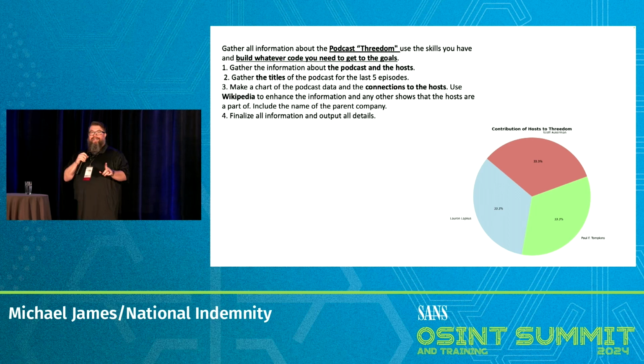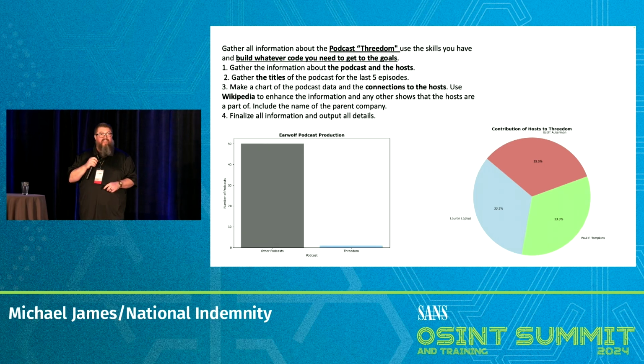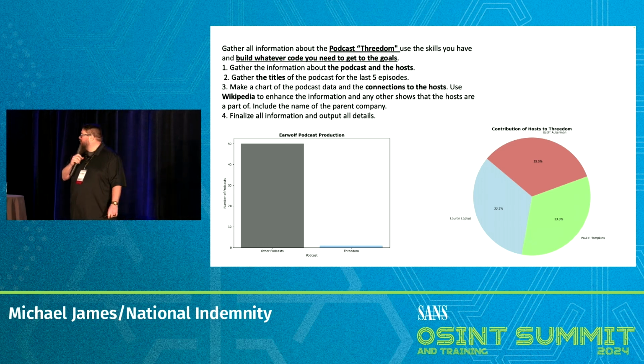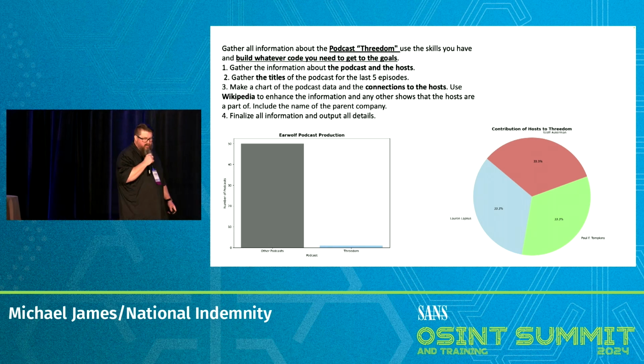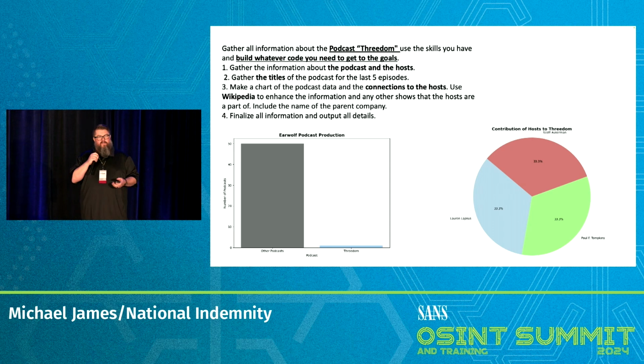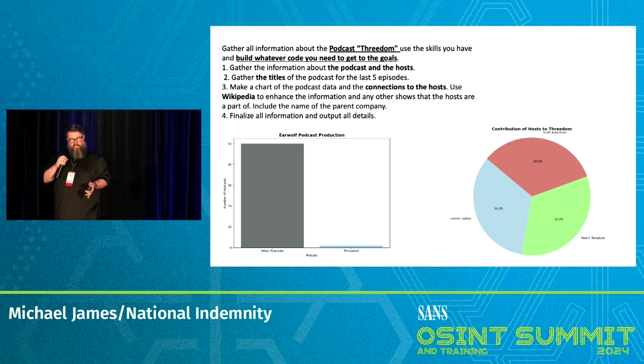And it said, oh, we're not done. We found out that Earwolf has a bunch of different podcasts, and this is one of them. And I said, the hell? Okay, so good, you know what one is. But because I was asking it to gather information and express it visually, this is how it output this stuff with no other suggestions, right?